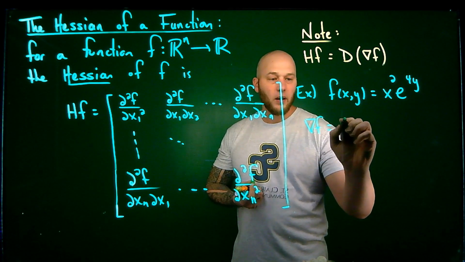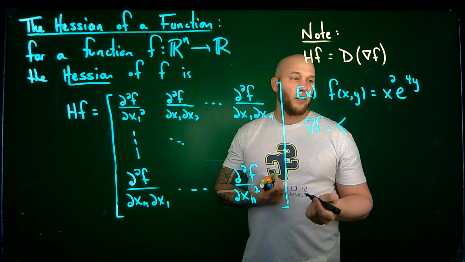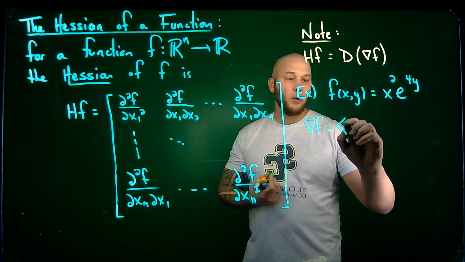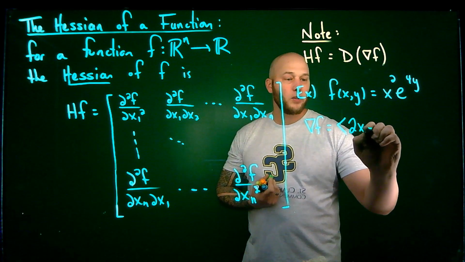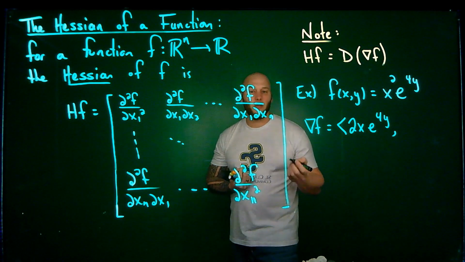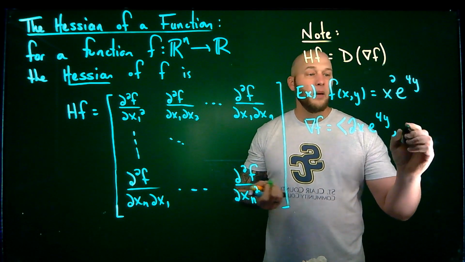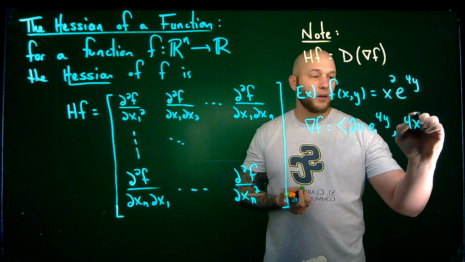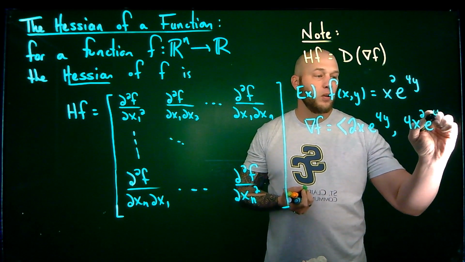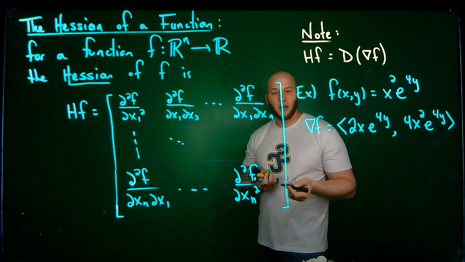The first component is the partial derivative with respect to the first variable, in other words 2x e to the 4y, and the second component of the gradient is the partial derivative with respect to the second variable, meaning I would have 4x squared e to the 4y. And this is, again, the gradient of the function.